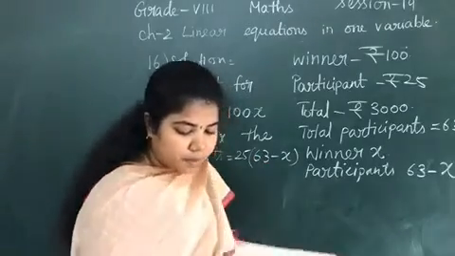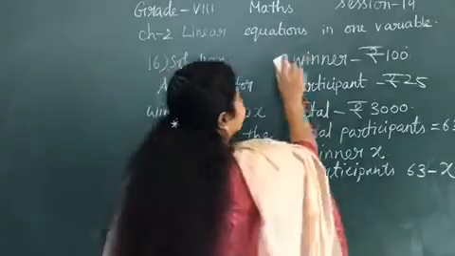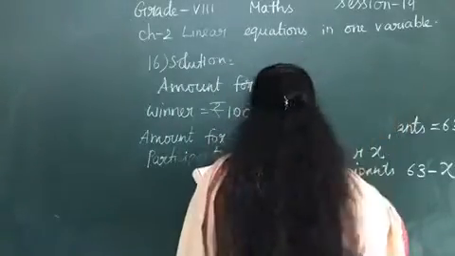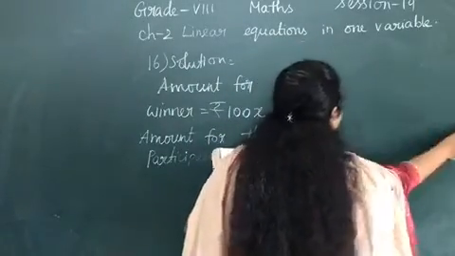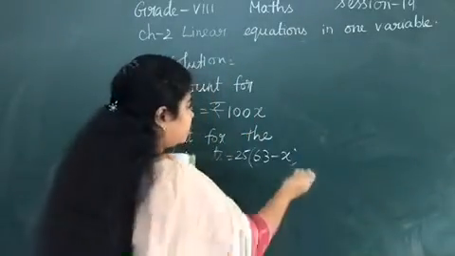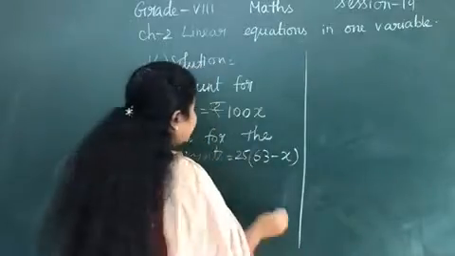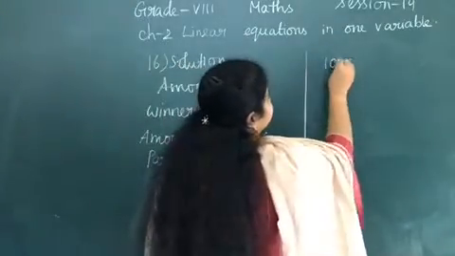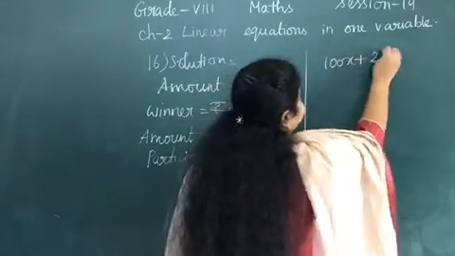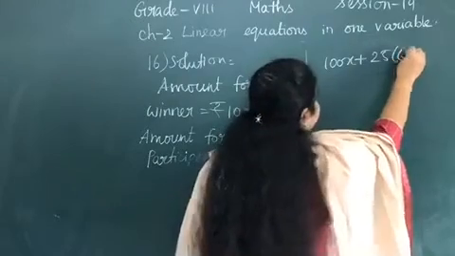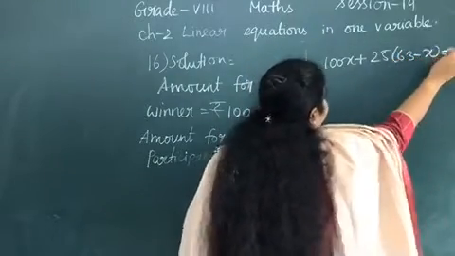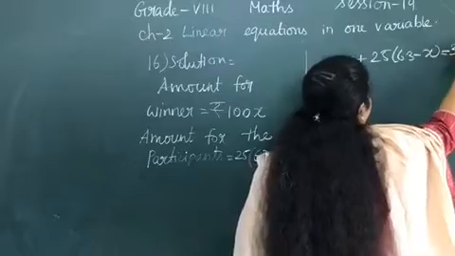Now the total amount given is rupees 3000. Now add these two: rupees 100x plus 25 into 63 minus x is equal to rupees 3000.